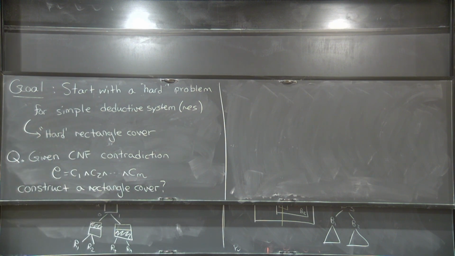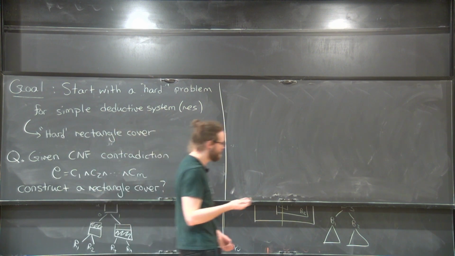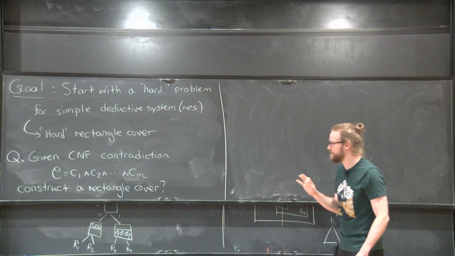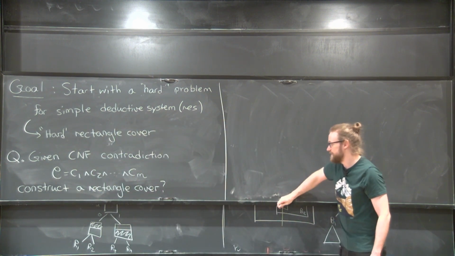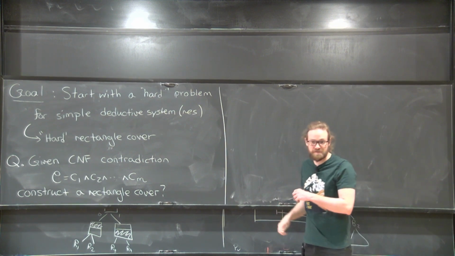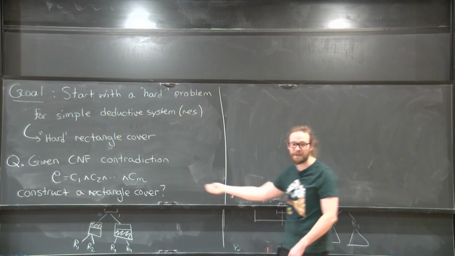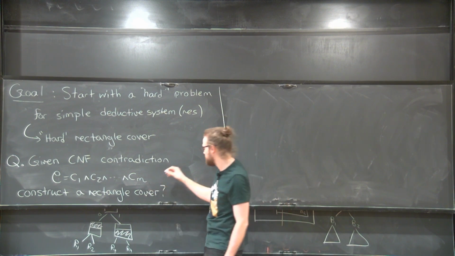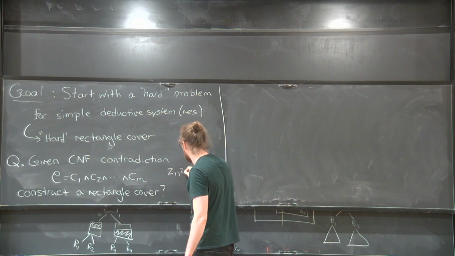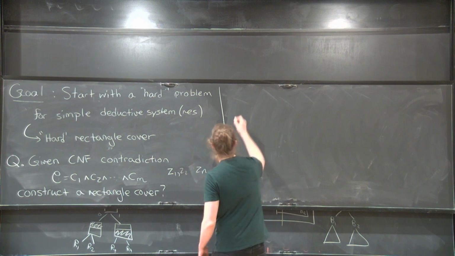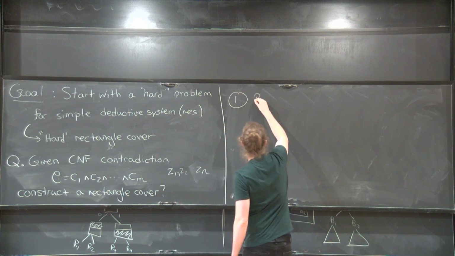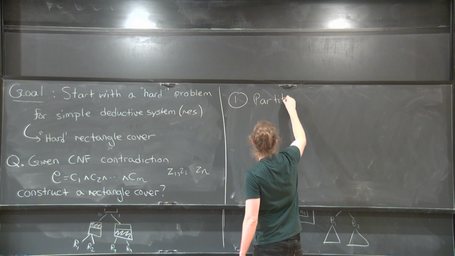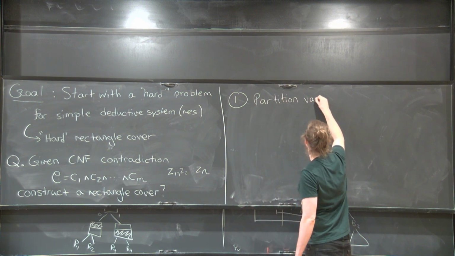If you think about it for five seconds, there's one very natural way, which is just to take a partition of the variables. This thing is going to be over some set of Boolean variables, z1, z2, up to zn. The first step is to partition the variables.